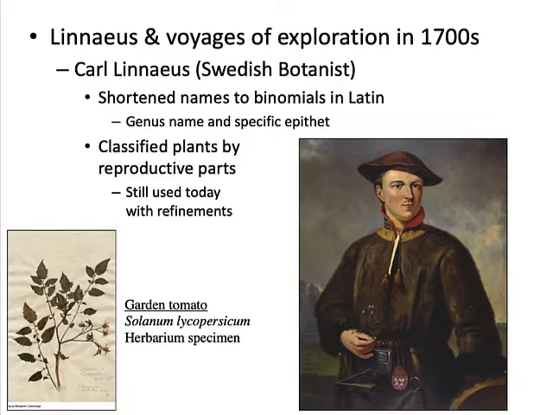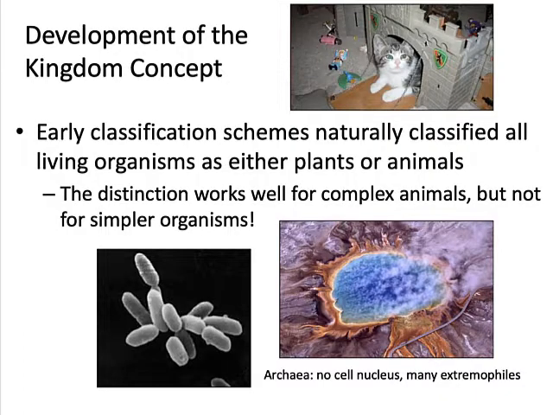So then flash forward to basically the last century, and that's when we started to develop the kingdom concept. So early classification schemes naturally classified all living organisms as either plant or animal. And this worked well for many organisms, but not for complex organisms, and certainly not for very simple organisms such as the archaea.